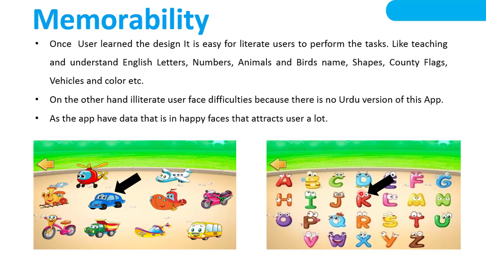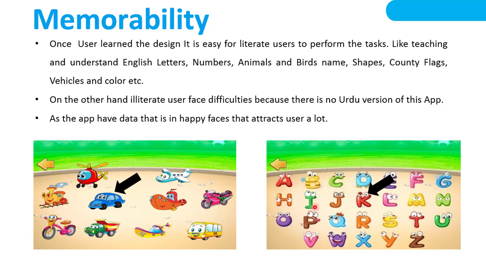The app has happy-face data that the user loves. Like you can see the helicopter, the two eyes are there, the face is there. So this is very attractive to little kids, like A, B, C in the alphabet.